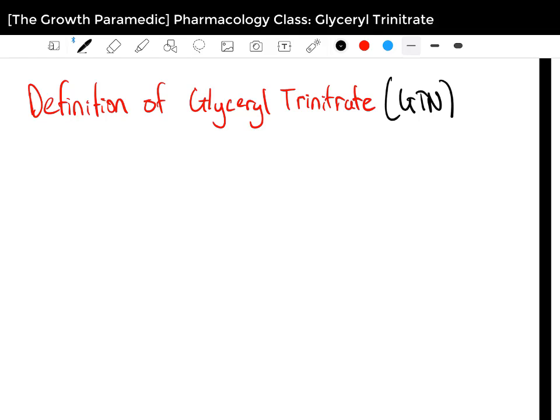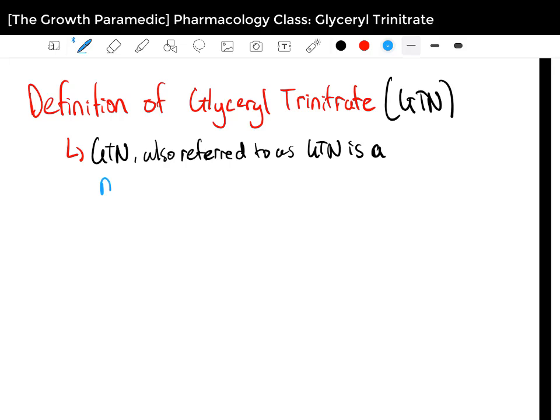So definition. Glyceryl trinitrate, also referred to as GTN, is a nitroglycerin. So that's a class of medication.